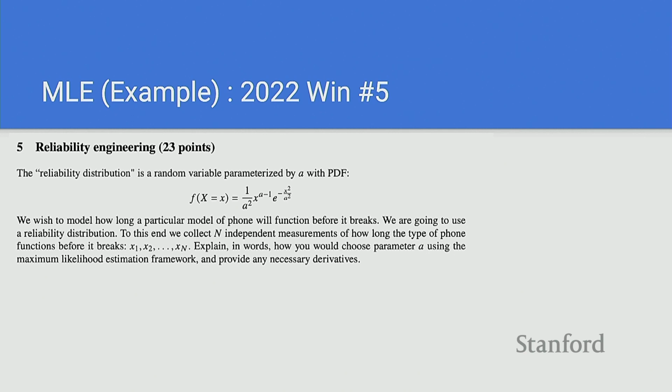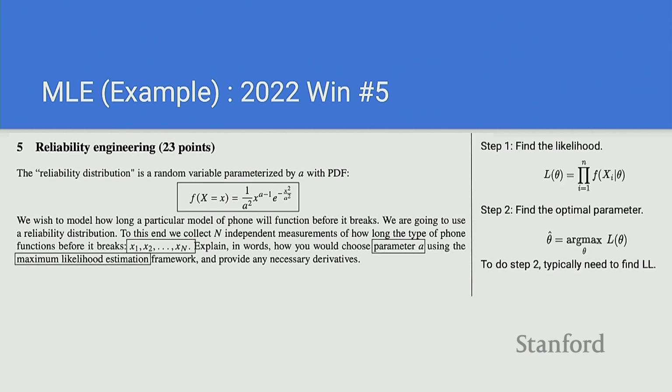Okay, so what are the key data points here? What's our parameter? A. Where's our data set? x1 through xn. Which algorithm are we using? MLE. What's our likelihood? This big equation right here. So how do we map this to our two-step?